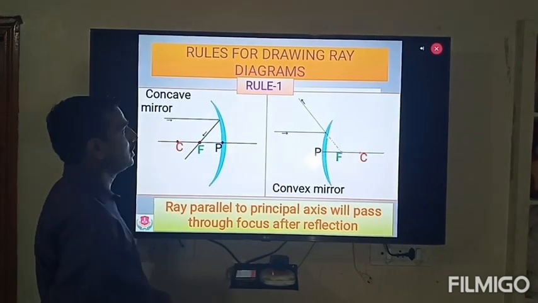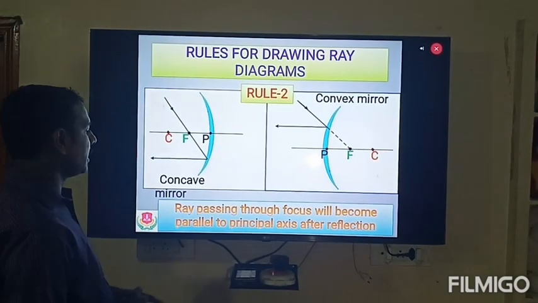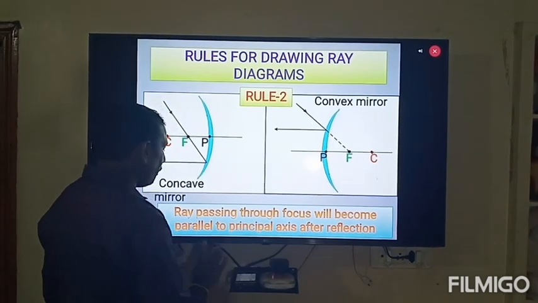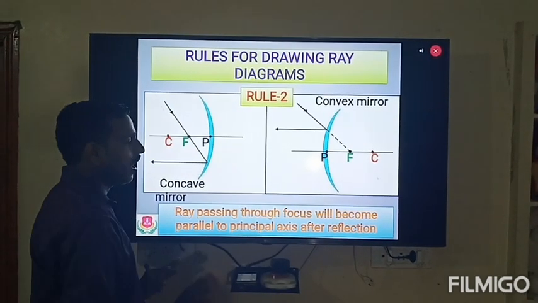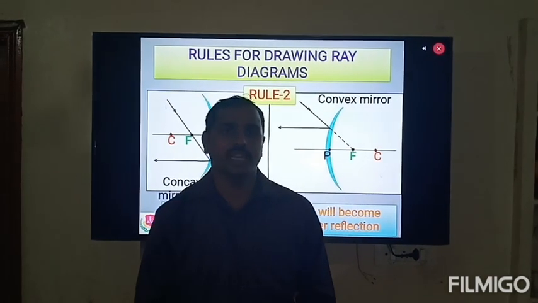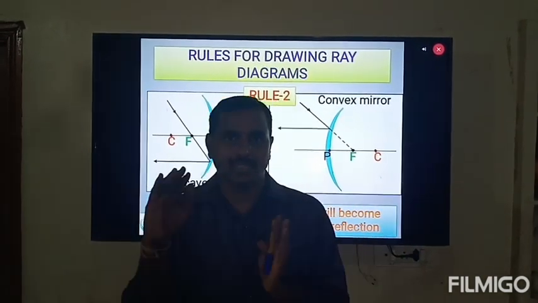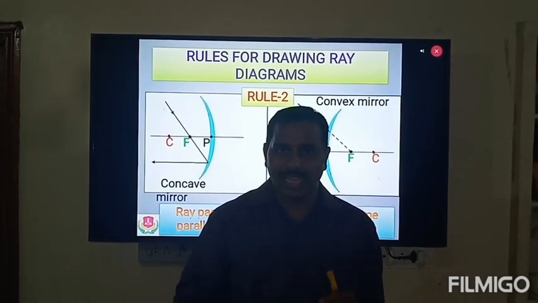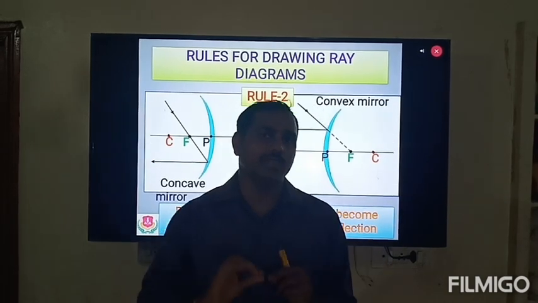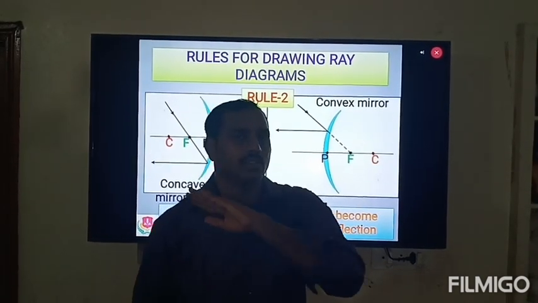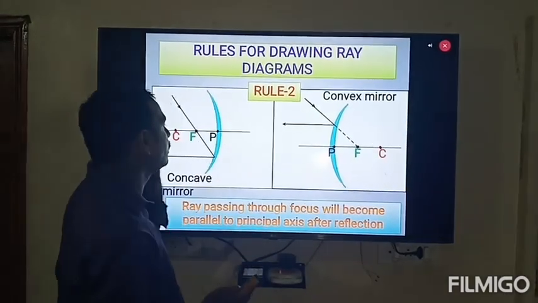Now the second rule. What is the second rule? The ray passing through the focus will become parallel to the principal axis after reflection. This is just the reverse of the first case. In the first case, parallel rays pass through the focus. In the second case, the incident ray which is coming through the focus passes parallel to the principal axis after reflection.